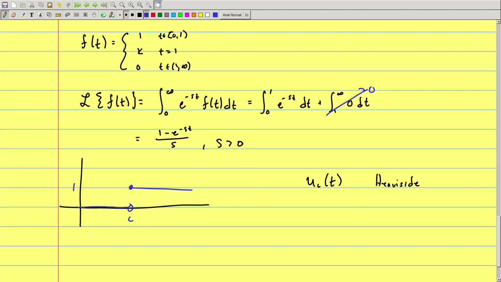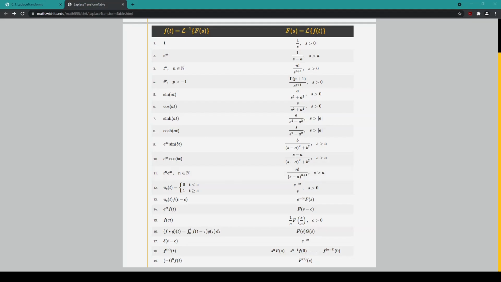If we look at this function here, this is a product of a step function and some general function f that has been shifted to the right by c. That's the way to interpret this. This is a shift by c to the right, which we should know from our transformation rules and our understanding of algebra.